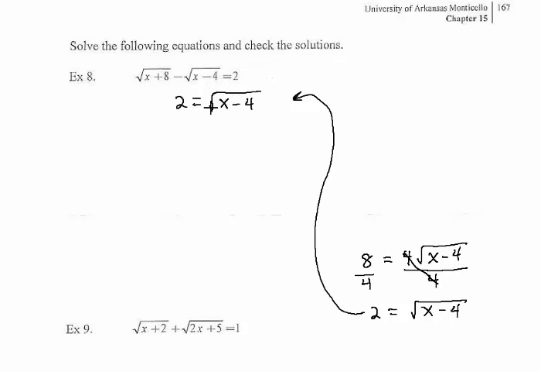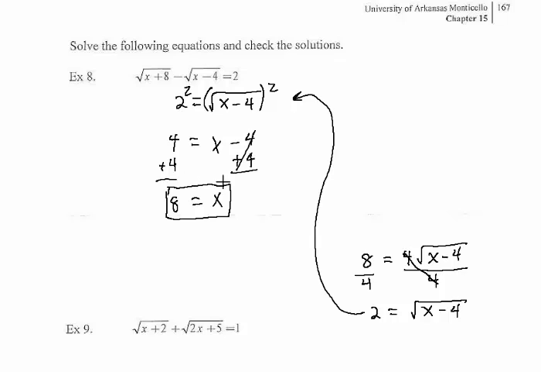And the last little stretch of this equation just involves squaring both sides. 2 squared on the left is a 4. Square and the square root cancel on the right. We end up with 4 equals x minus 4. We get the x by itself, add 4 to both sides, and we get x equals 8.